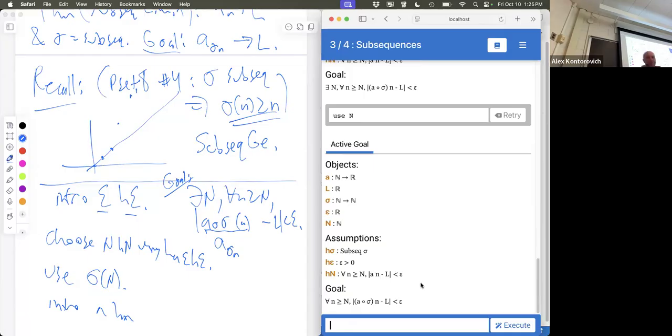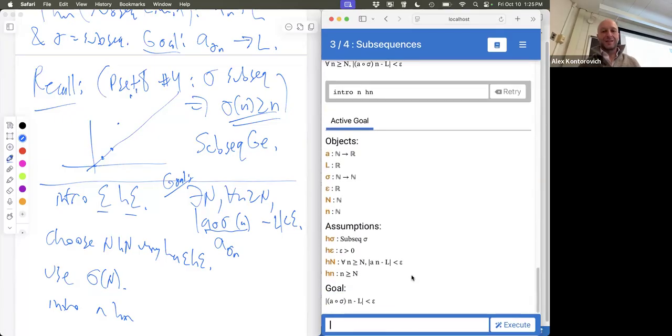Okay, let's intro NHN. So I have to show that A of sigma of N is, in fact, maybe it'll be easier to see it that way. Let's change what we're trying to prove to A of sigma N minus L is less than epsilon. Again, this is purely pedagogical, just so we have something slightly nicer to look at. Okay.